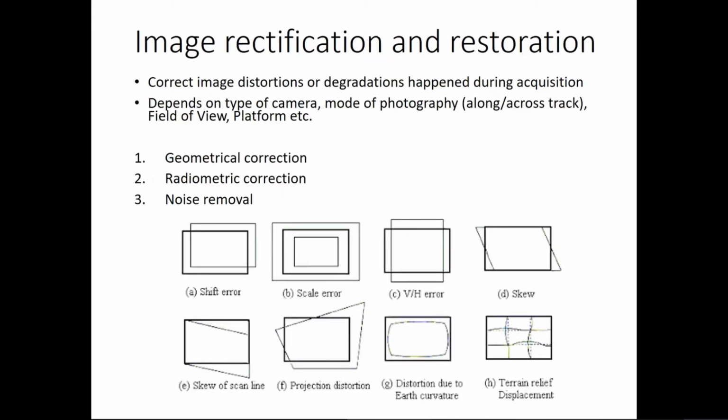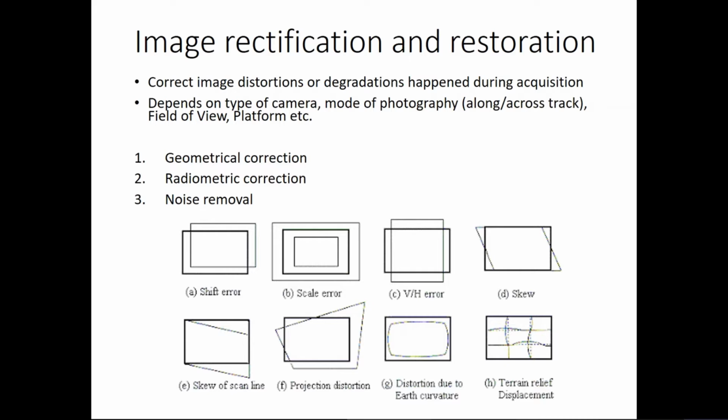So the first process is image rectification and restoration. You can see at the bottom I have shown a few figures. The bold black boundaries are the actual images, but the lighter lines show the image acquired. You can see shift errors, scaling errors, vertical to horizontal errors, skewing errors.